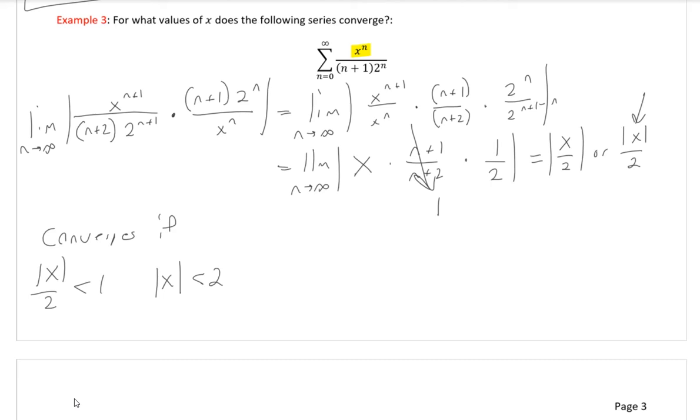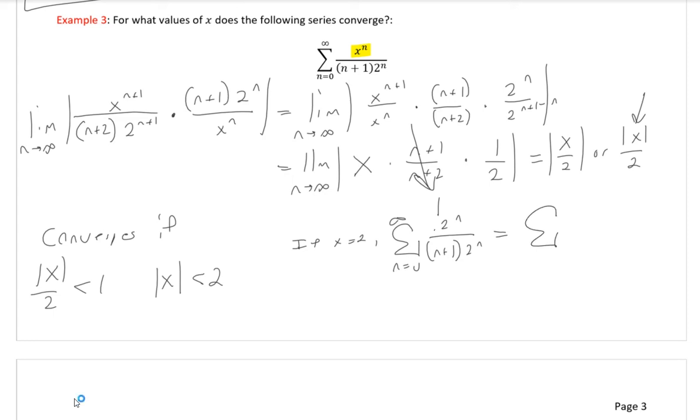So let's see what happens if x is equal to 2. Alright, well, if x equals 2, then what we have in my original summation, I have 2 to the n over (n plus 1) times 2 to the n.